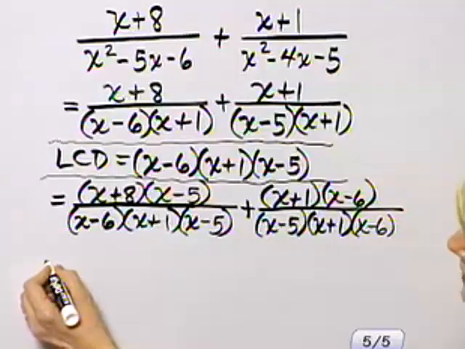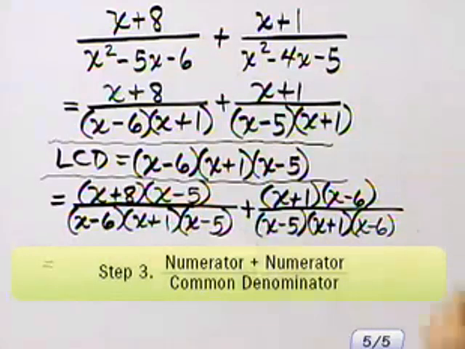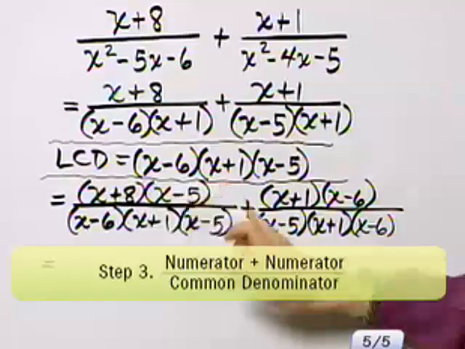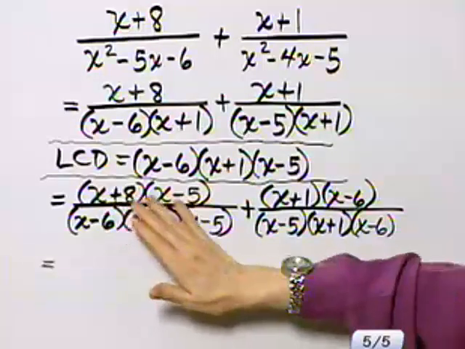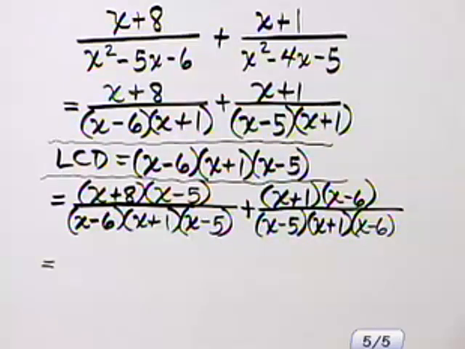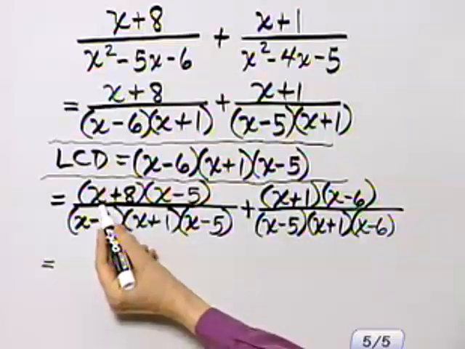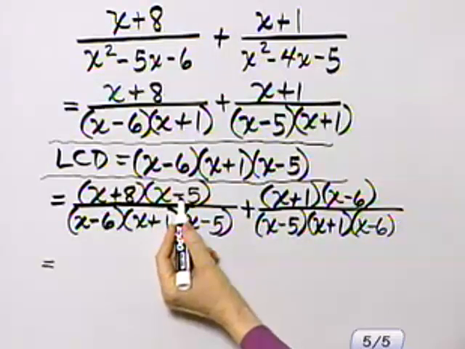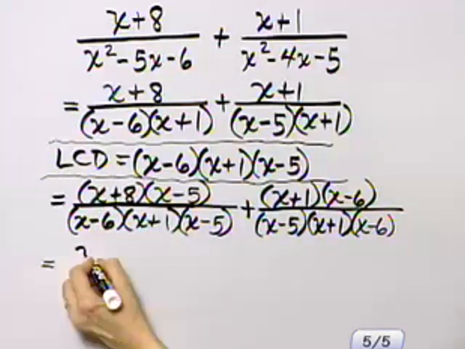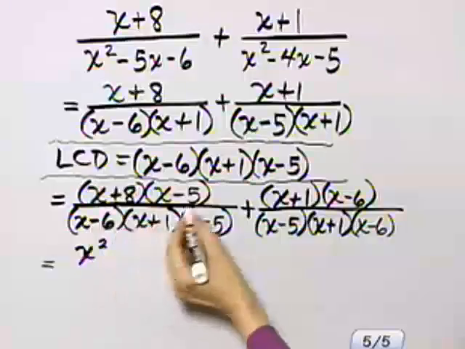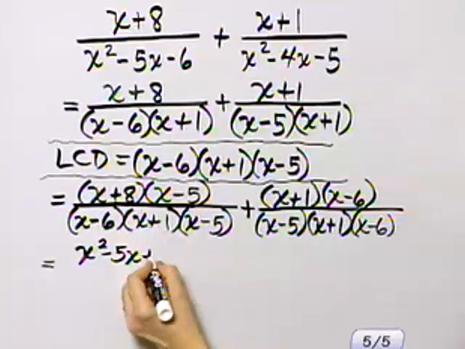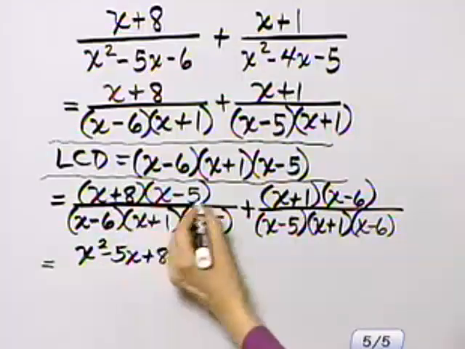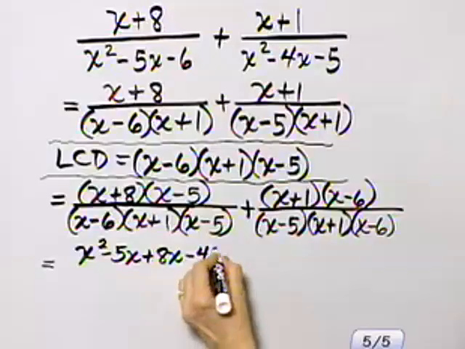So now we can write this as numerator plus numerator over a common denominator. As I write numerator plus numerator, I'm going to go ahead and start multiplying these factors in the numerator together. What is x plus 8 times x minus 5? First times first is x squared, outside product, minus 5x, inside product, plus 8x, and then last times last, minus 40.